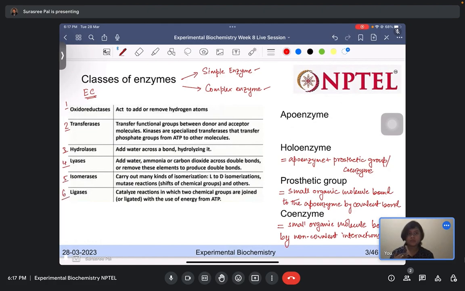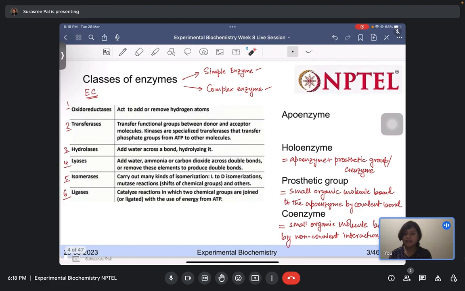All the enzymes are classified under these 6 enzyme classes. So the first class is oxidoreductase. What is the function of an oxidoreductase? It acts to add or remove hydrogen atoms. So it's a reductase, that is why. So it adds hydrogen atoms or removes hydrogen atoms.